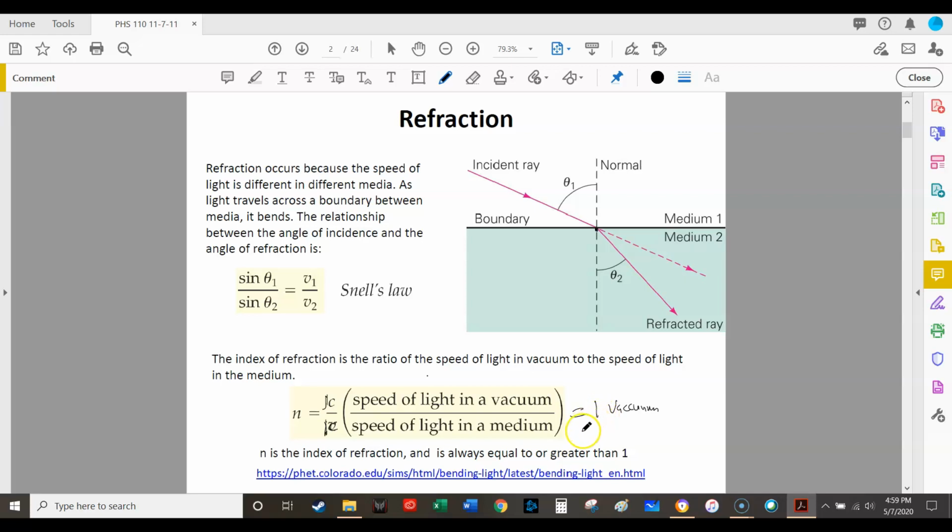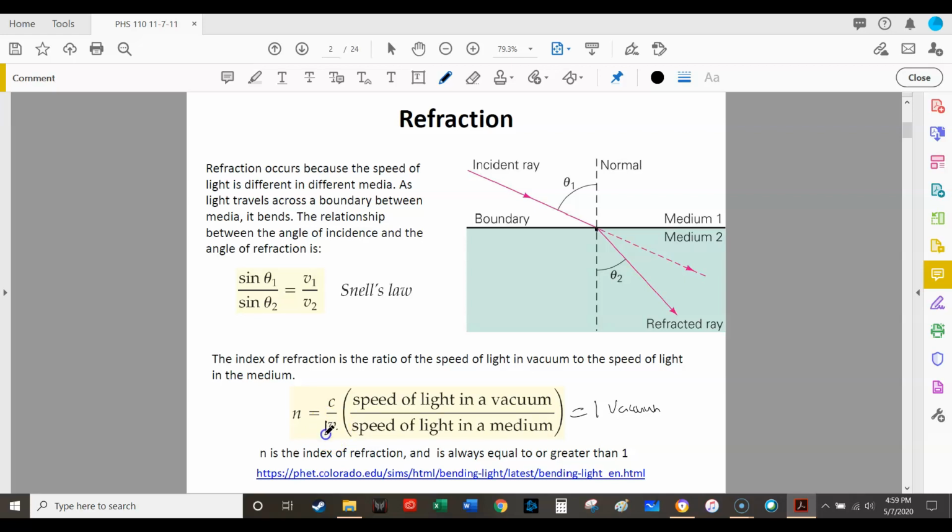If we are talking about another medium, where the speed of light is c in a vacuum, and let's say water is slower. For sure, light in water is slower.